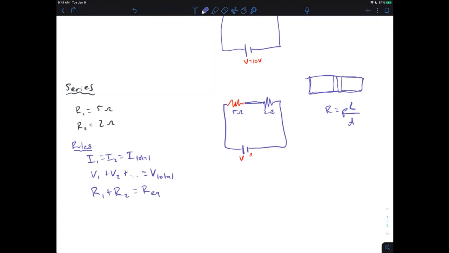That means once I add them together, I could draw another circuit that just has one resistor that is 7 ohms. I have 5 plus 2, and these two circuits are equivalent. They're the same in terms of the way current flows through them and the voltage that's driving them.